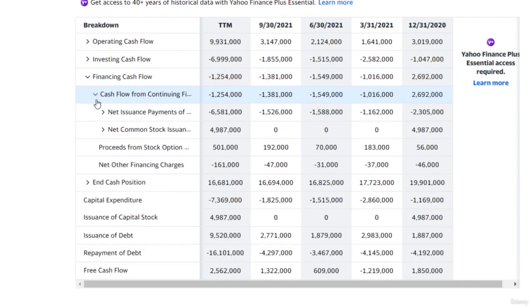Well, we can dig deeper and we can see it came from net common stock issuance. Nothing here, nothing here, nothing here. 4.9, almost 5 billion of issuance of stock. That's issuing, and that brings cash into the company. And that popped up that financing there, where the other ones didn't because we were paying our debts. So that's that 4.987 billion in net common stock issuance.